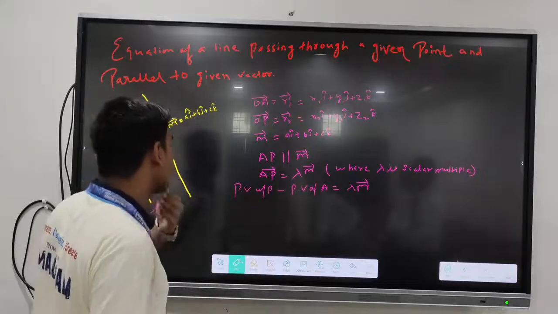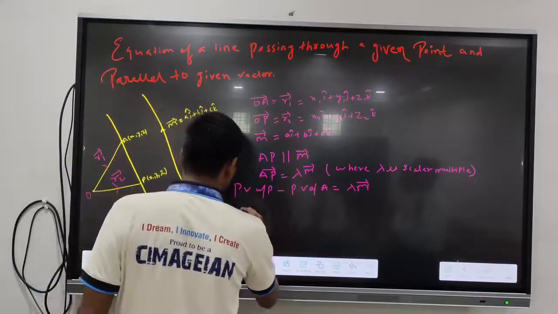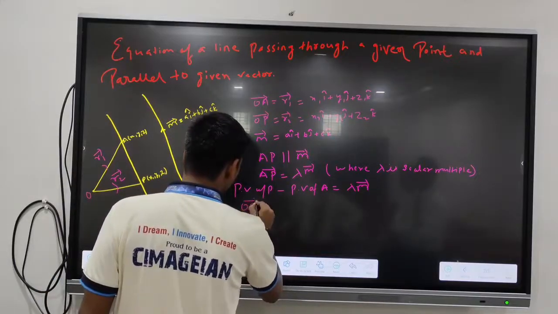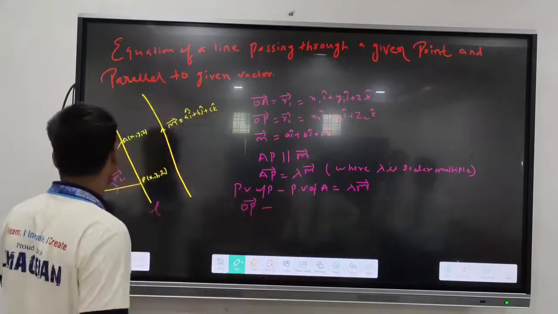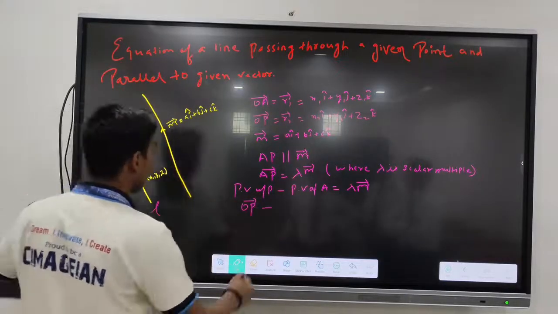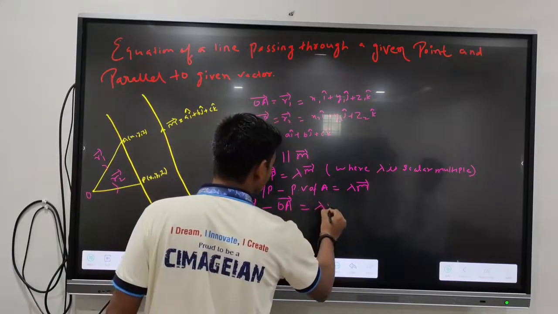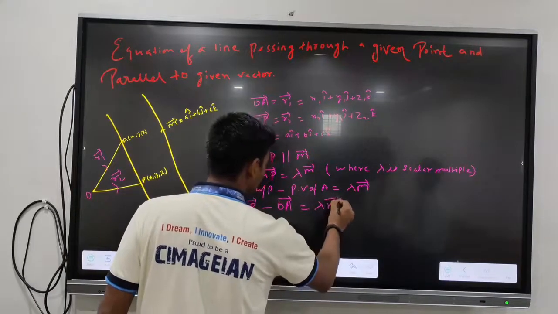Now basically, what is the position vector of P? The position vector of P, that is OP vector, minus the position vector of A, which is OA, is lambda into M vector.